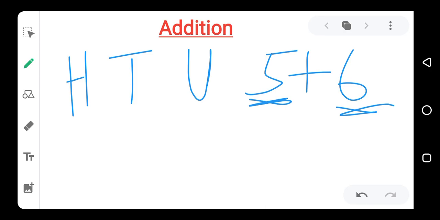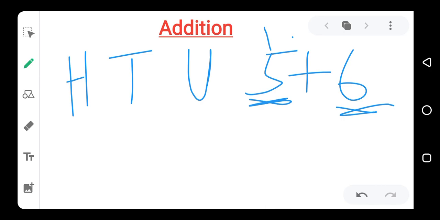Now the first one is 5. 5 is only one digit. And remember that in our last lesson, we said that any number that has only one digit, the number is going to be under what? Units. So we are going to put the 5 under units.